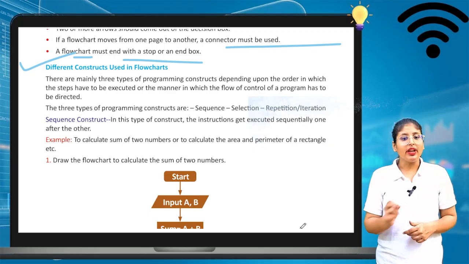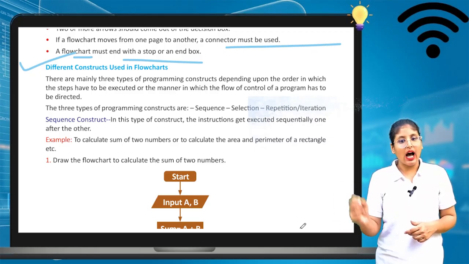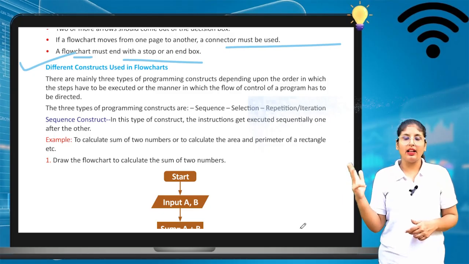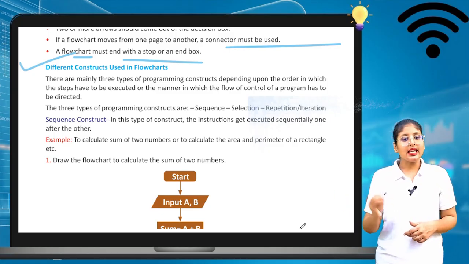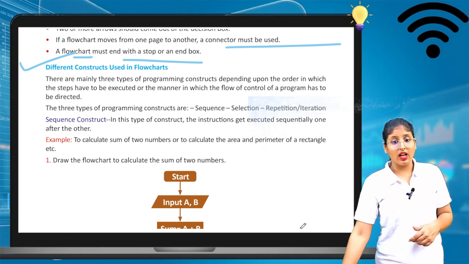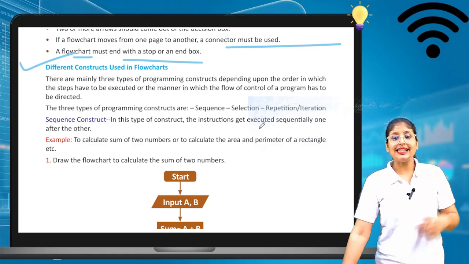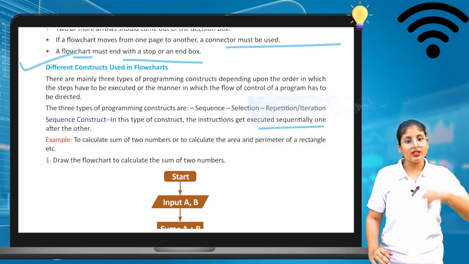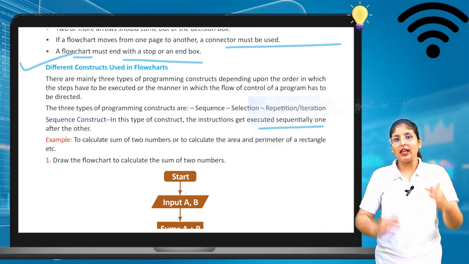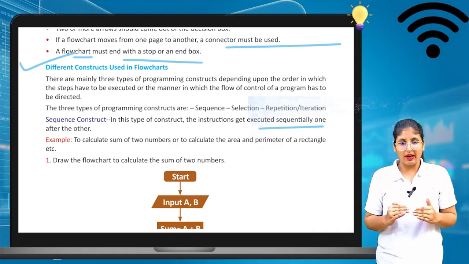The three types are sequence, selection, and repetition. In a sequence construct, the instructions get executed sequentially, one after another.